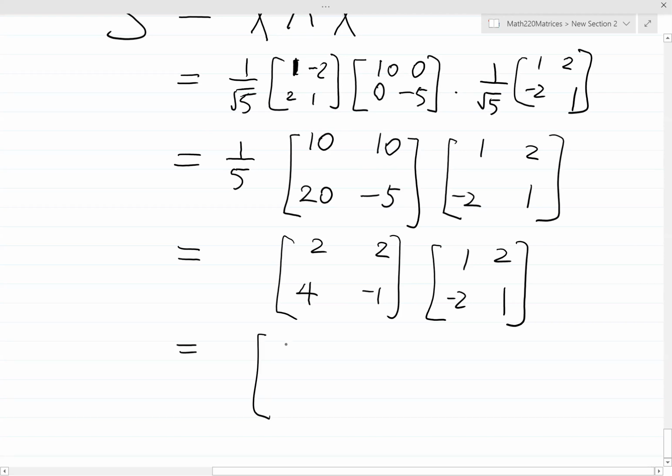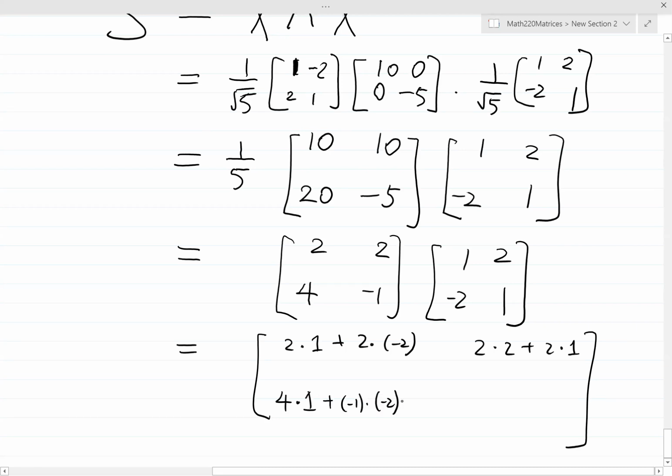So we get 2 times 1 plus 2 times negative 2. First row times second column. So it's 2 times 2 plus 2 times 1. Second row times first column, 4 times 1 plus negative 1 times negative 2. Second row times second column, 4 times 2 plus negative 1 times 1.